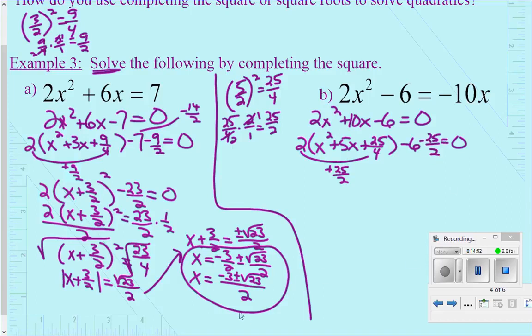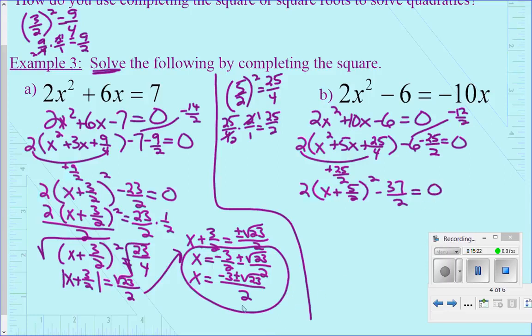So I have 2 times the quantity squared, the quantity is what we had before squaring, so x plus 5 halves. And now I'm going to combine negative 6 and negative 25 halves. Negative 6 in halves is negative 12 halves. Negative 12 minus 25 is negative 37 halves. And that equals 0.